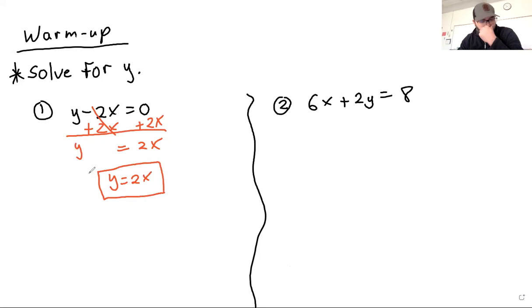Here is this equation in slope-intercept form. Remember, we're trying to get y by itself, so we want to get rid of the 6x and 2. Let's get rid of the 6x first. Six x's cancel, 2y comes down.